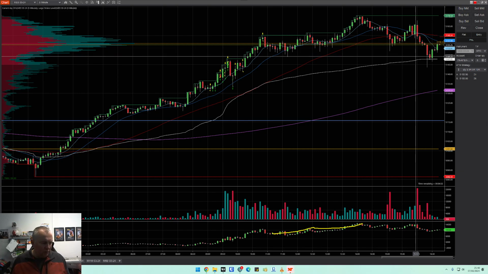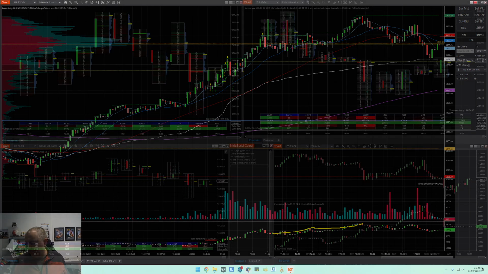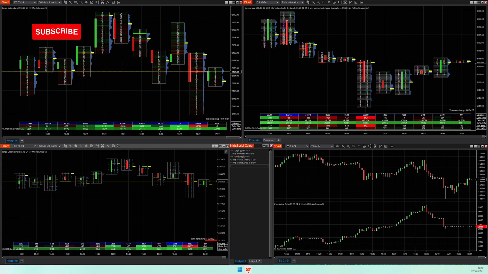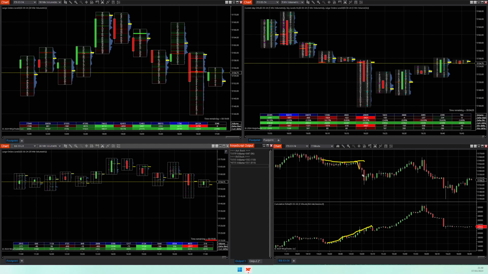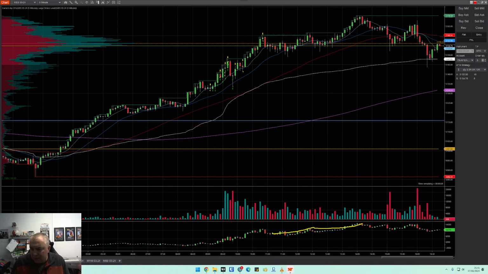Another thing to note as well, if I go back into my order flow screen, 230, this area here.